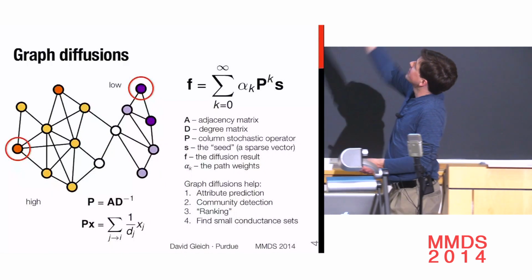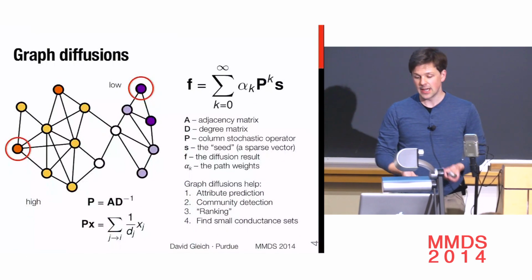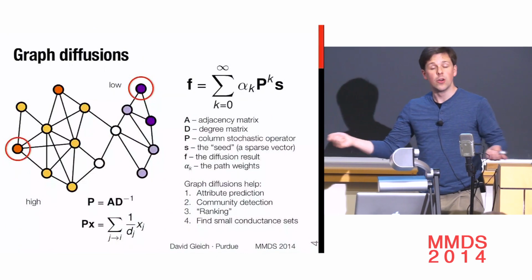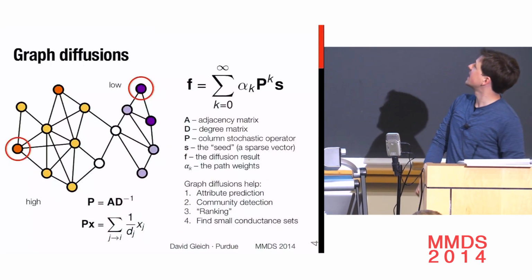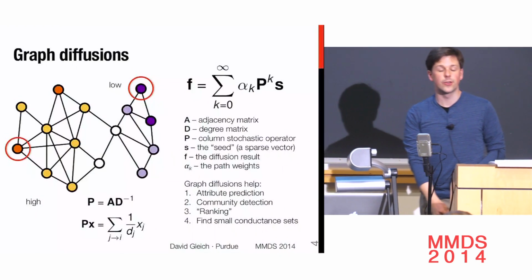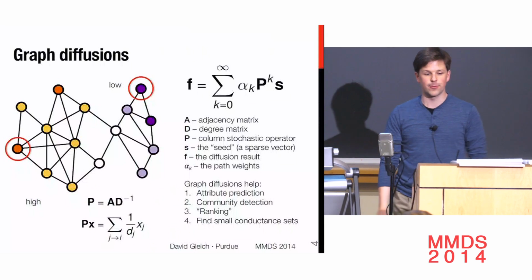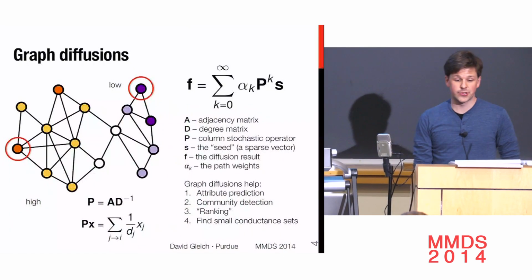Where do these problems show up? Graph diffusions help when you're doing attribute prediction in a social network where you only have some of the nodes labeled. You can use the diffusion to try and estimate what the others are. It helps in community detection, which is really the problem of finding small conductance cuts, so we'll see a little bit of that. This has to do with local Cheeger inequalities and all sorts of other beautiful mathematics that we won't have time to get through. But it also shows up in ranking.